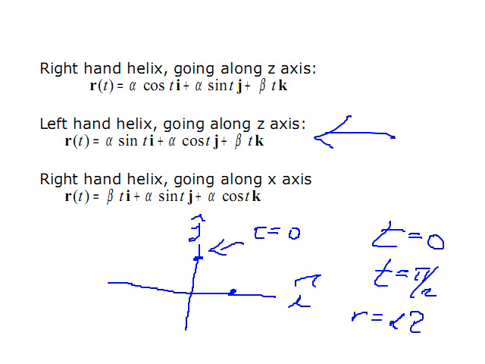So now you're down here at t equals pi over 2, and for t equals pi, you're at minus alpha, and you can see now you're going in a clockwise direction. So this is called a left-handed helix, or clockwise helix, and here's your right-handed helix. Both of these are going along the z-axis. You could have the helix going along the x-axis. You just move the terms around.